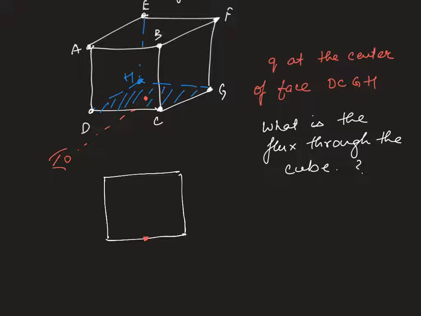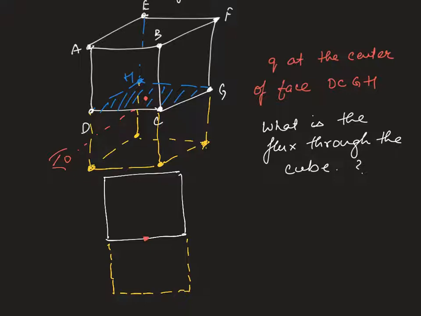Now the thing is that if we put another cube below this cube, what are we going to have? Let me put the cube here also, so that it becomes a bit understandable. So if I put another cube just below this cube, same size, same dimensions, everything same.